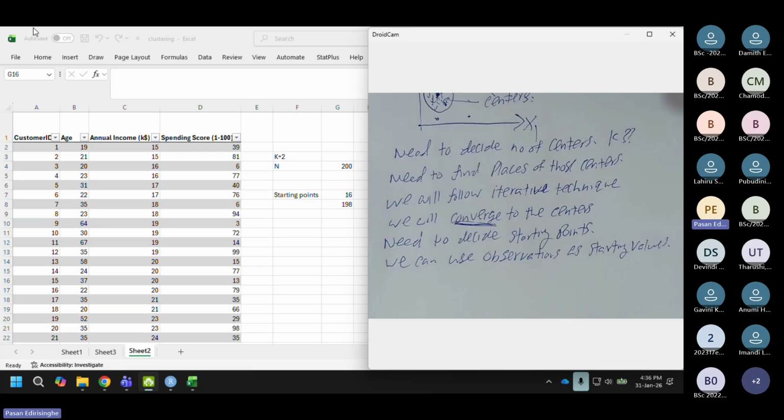As you go through, if you see that the differences are very little, that means the changes that you can see in the center are getting smaller and smaller. So that is an indication that you're converging, right?